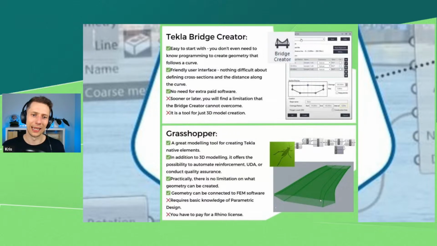And in addition, you get lifetime access for Rhino. The second is that it requires basic knowledge of parametric design. Compared to Bridge Creator, you don't have to know any programming language like Python or C#. Here, you still don't have to know text-based programming, but you have to know visual programming.